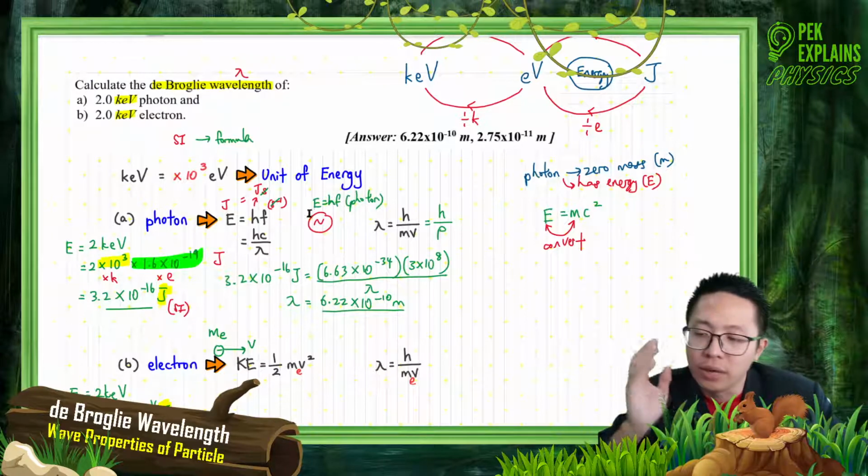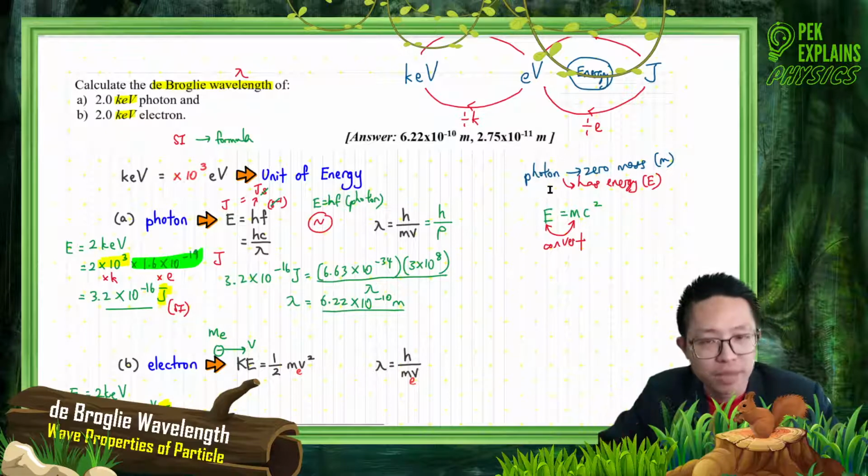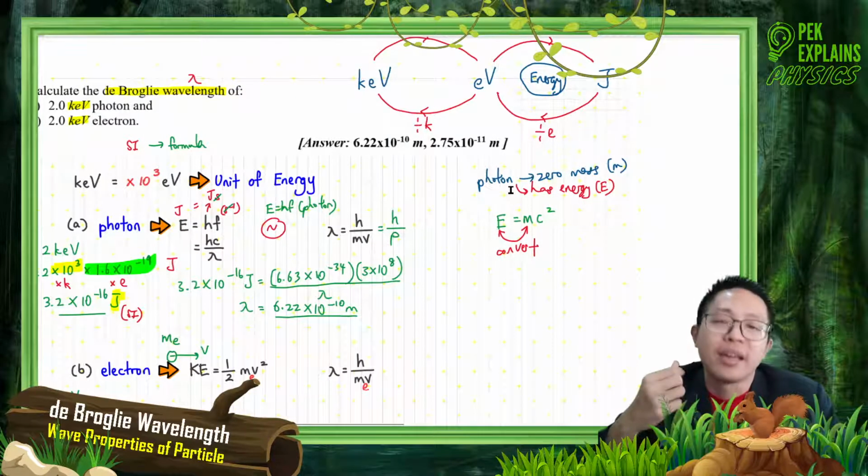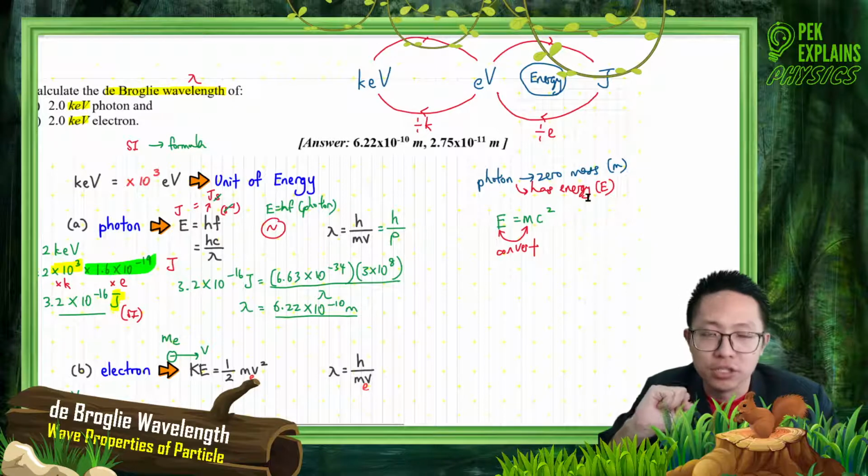So you ask me, photon, does it have mass? The direct answer is photon has no mass, but it has energy, and this energy is actually another form of mass. So does the photon have mass? It has a mass, but in the form of energy.